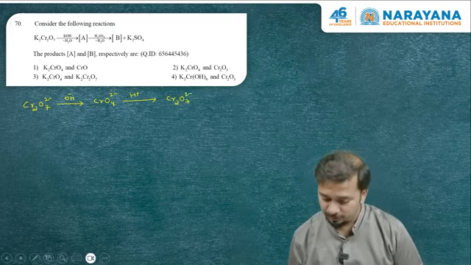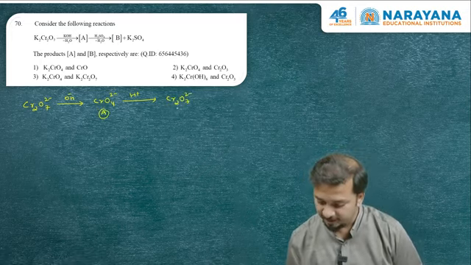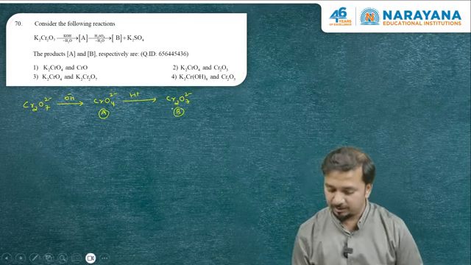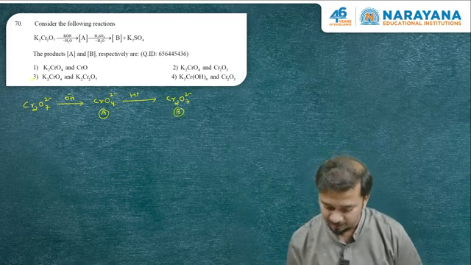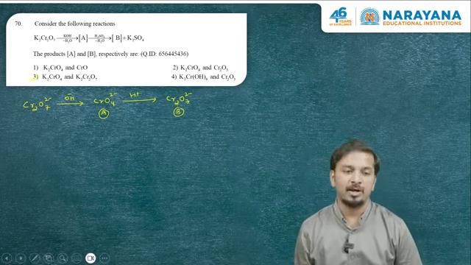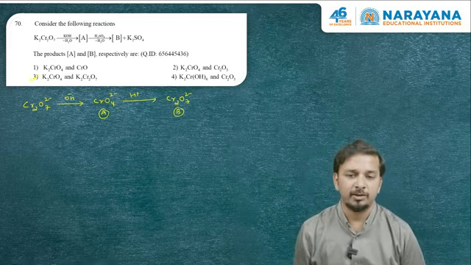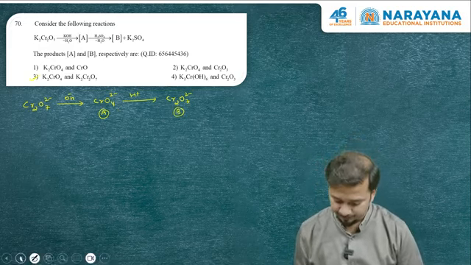So this is going to be A and this is going to be B. So correct answer for this question is option 3, that A is K2CrO4 and B is K2Cr2O7.